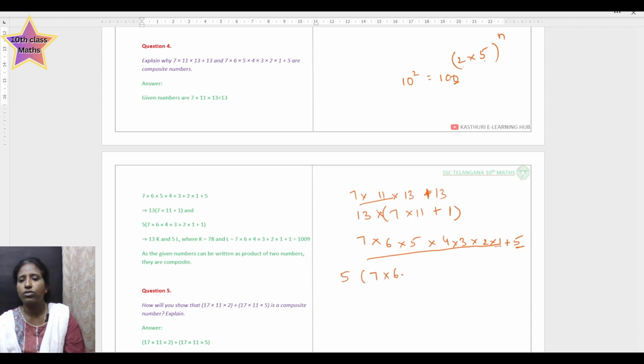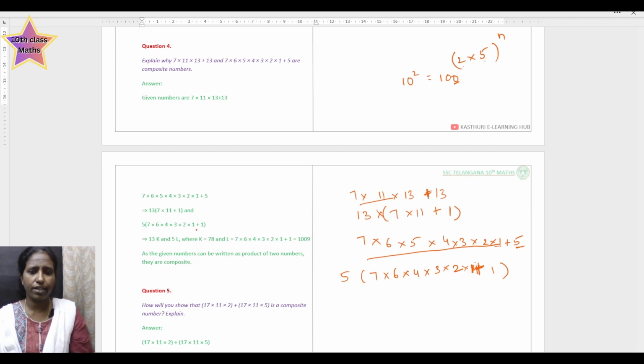7 into 6 into 4 into 3 into 2. The 1 we can ignore, 5 ones are 5. And then this side, what is there? 5. So if you write it like that, you will get it like this: 13 into k, that is 13 into something, and 5 into something.